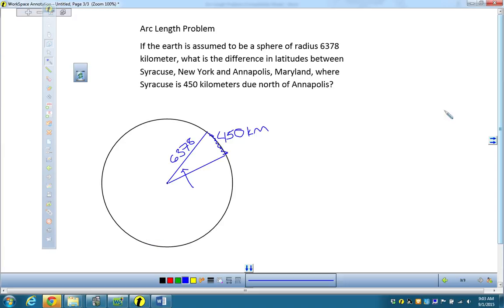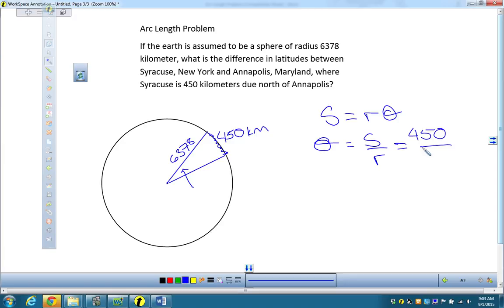So remember this formula, S equals R theta. You could either plug in S and R and solve for theta, or you could rewrite this as theta is equal to S divided by R. Okay? And when you do that, what's S in this case? 450, right?